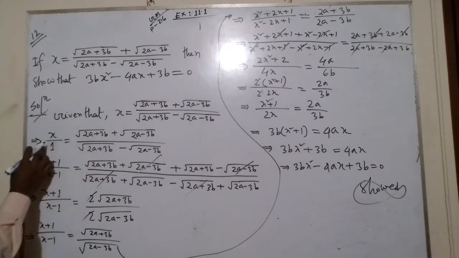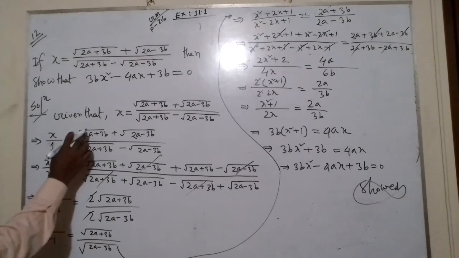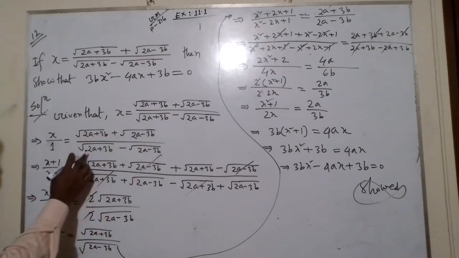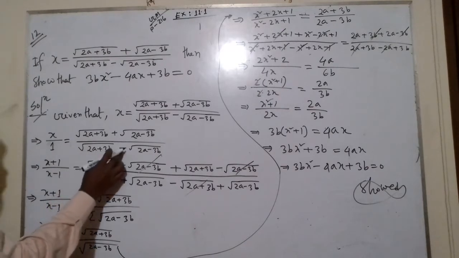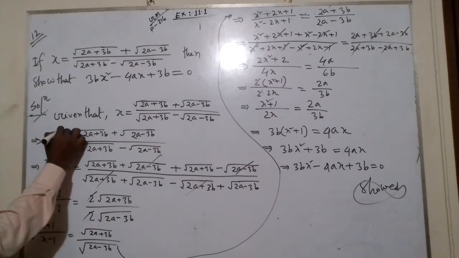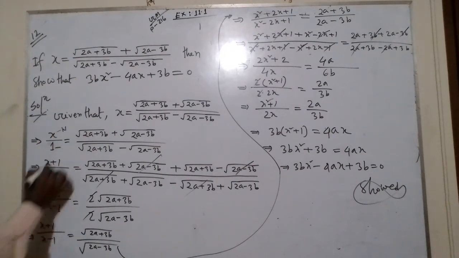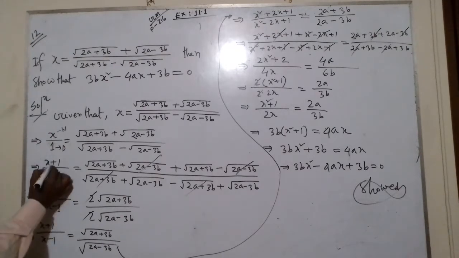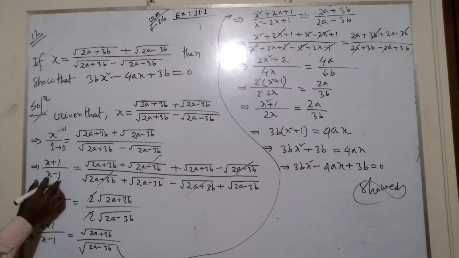We can write x/1 equal to the same fraction, so x is numerator, 1 is denominator. So numerator plus denominator divided by numerator minus denominator.